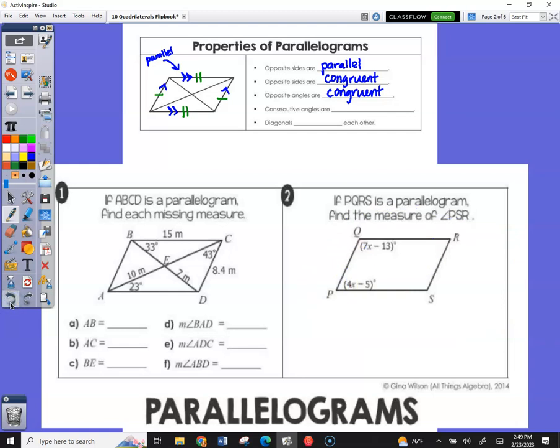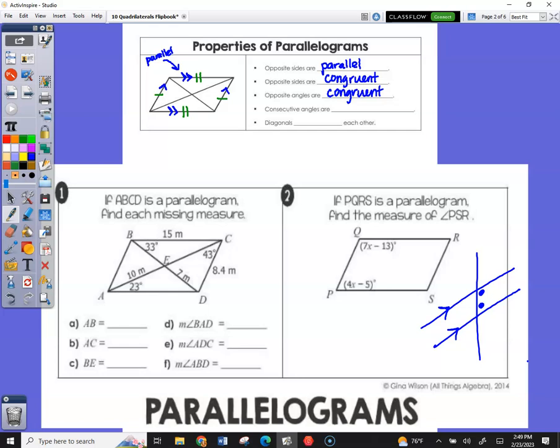Now let's look at this. Consecutive angles, that should sound familiar. Don't write this. Think back, parallel lines cut by a transversal. Consecutive angles were on the same side of the transversal but inside the parallel lines. Remember those?